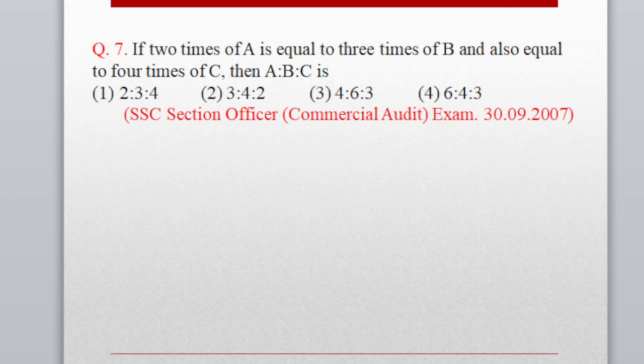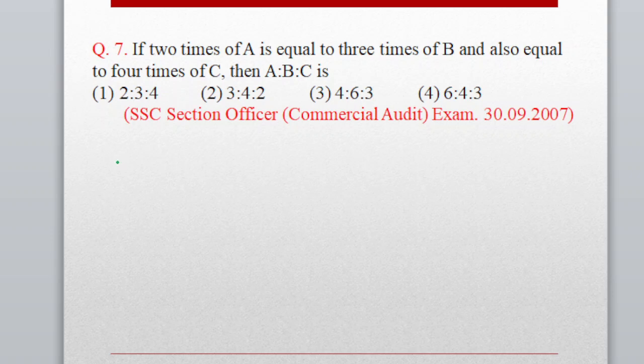Now question number 7. If 2 times of A is 3 times of B and also equal to 4 times of C, then A is to B is to C is what?